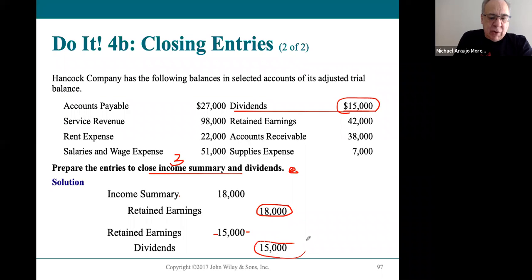And we close the dividends account with a $15,000 credit because this 15,000 is on the debit side. So now the dividends account has 15 on the debit side, 15 on the credit side, which means it's got a zero balance and it's closed. And that is closing the books. Questions?